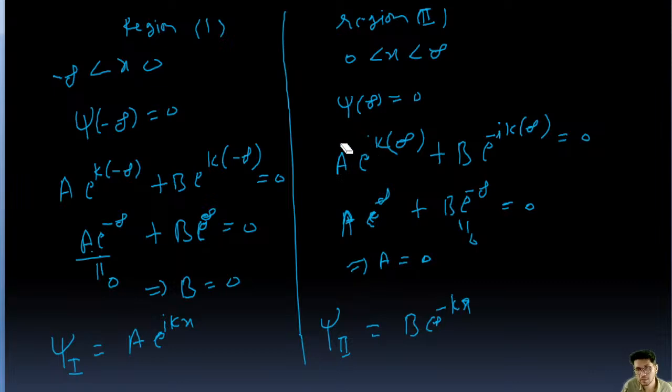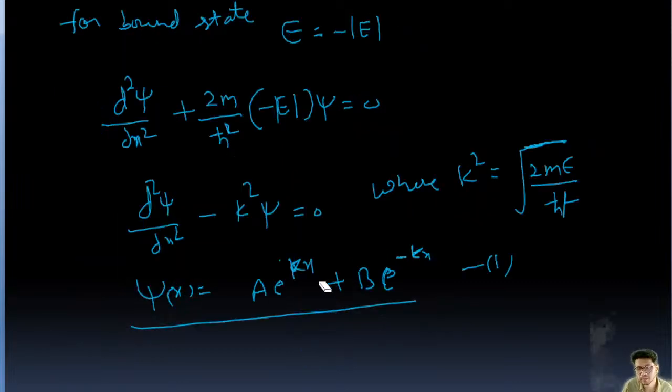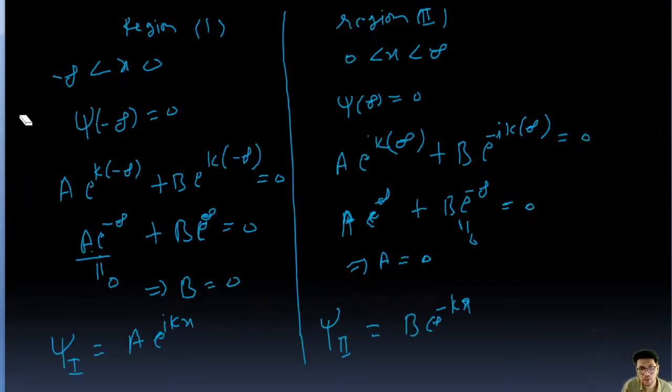Because if we solve it, the auxiliary equation gives values of m equal to plus minus k. The iota term is not here, so these are the values minus k and k.